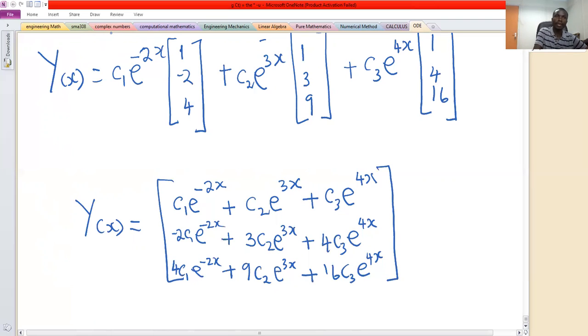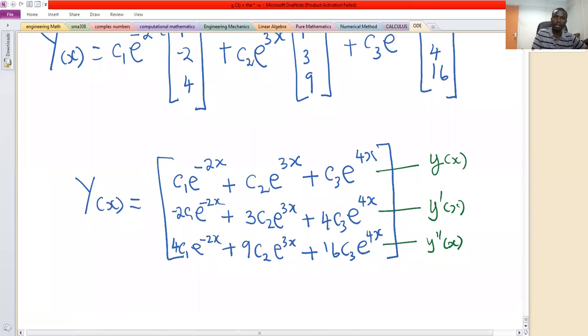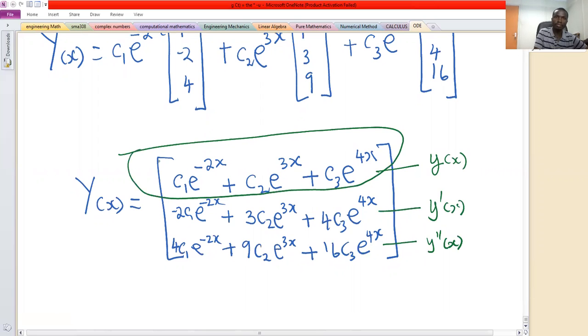Now remember, the way this capital Y is interpreted is that this is the function y of x. This second row is the first derivative of the function y, and this one is the third derivative of the function y. So the general solution of the given equation, you pick the first row.